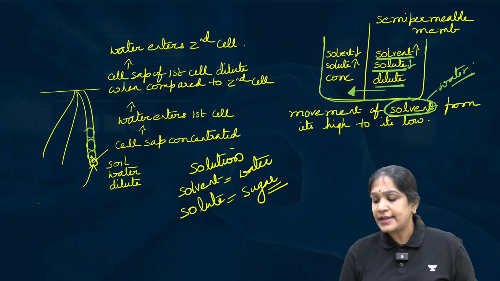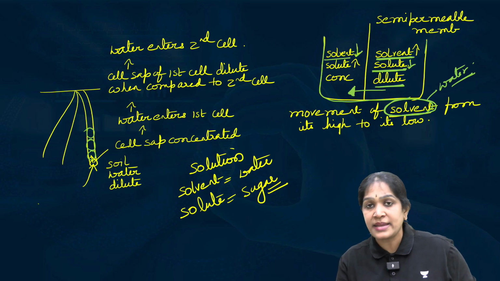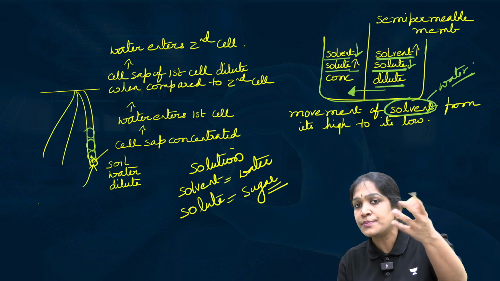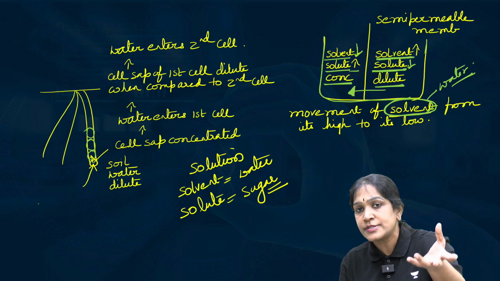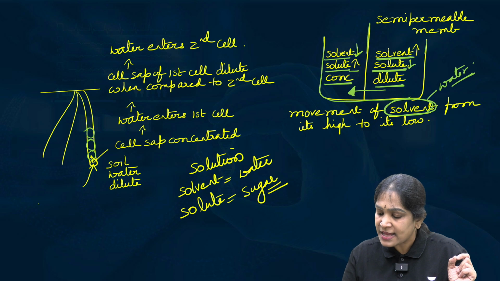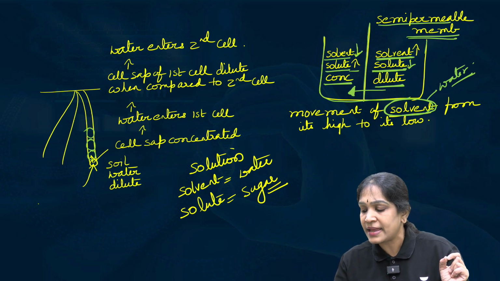And in this compartment there is lesser solvent, little water, and more solute, that is more sugar. It means it is a more concentrated solution. And these two compartments are separated by a semi-permeable membrane.